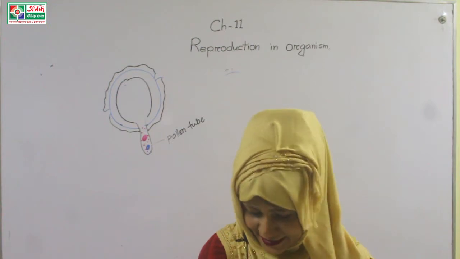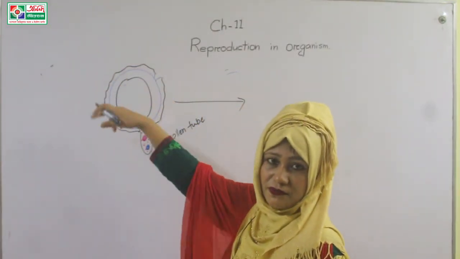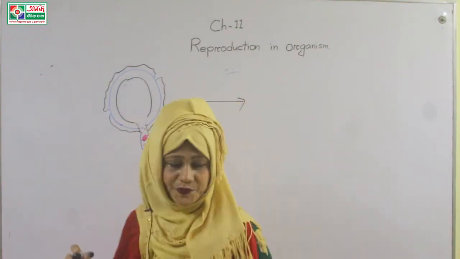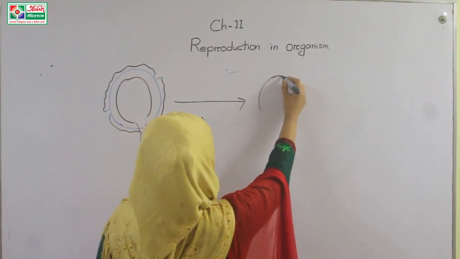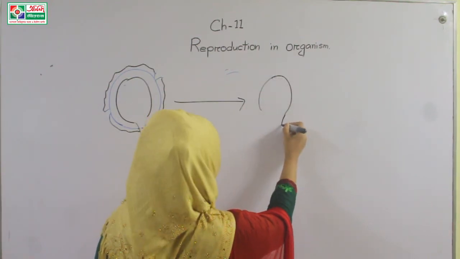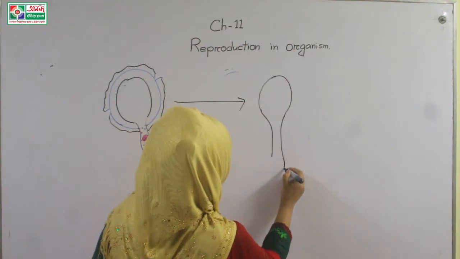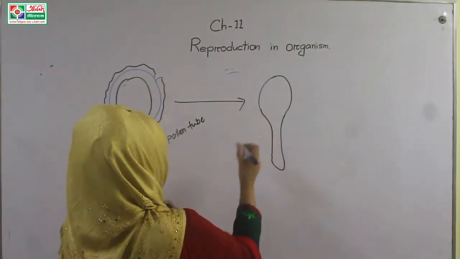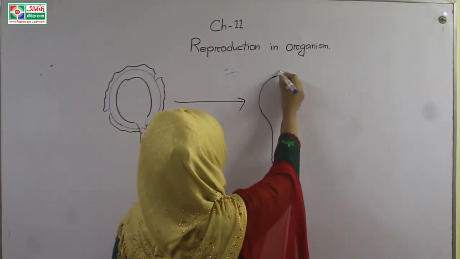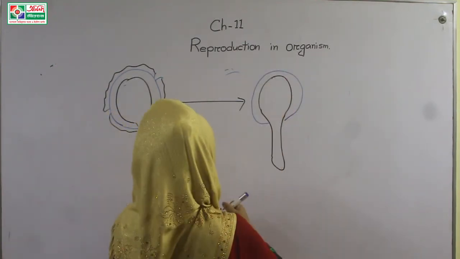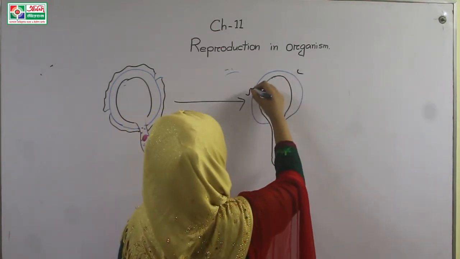Okay, clear? In the next stage, what happens? I didn't label because you know the labeling. Suppose this one was our pollen tube, not so long now, it was the intine and exine, two jumpers.